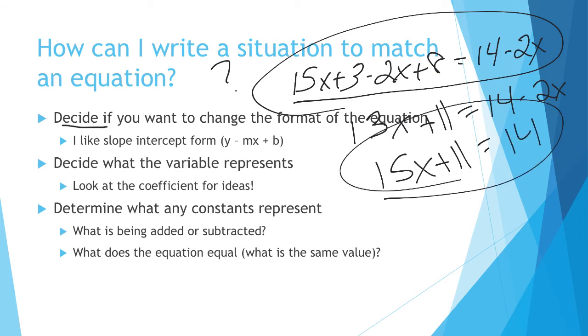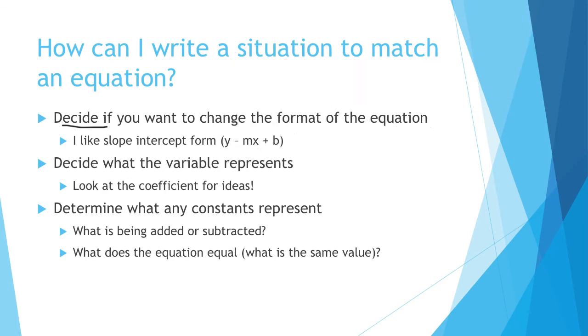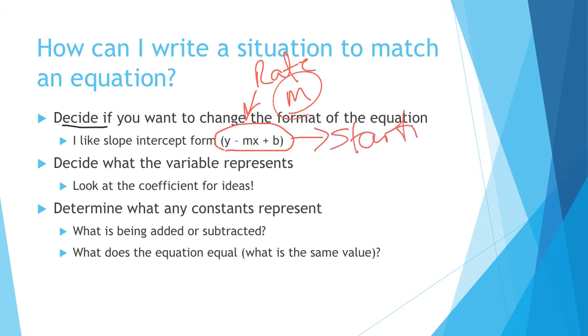And that's fine. I like mine in y equals mx plus b. Remember, when we use y equals mx plus b, we can see very clearly our rate of change, and we can see our starting point. It makes it easier for us to come up with something. Next, we have to decide what the variable represents.